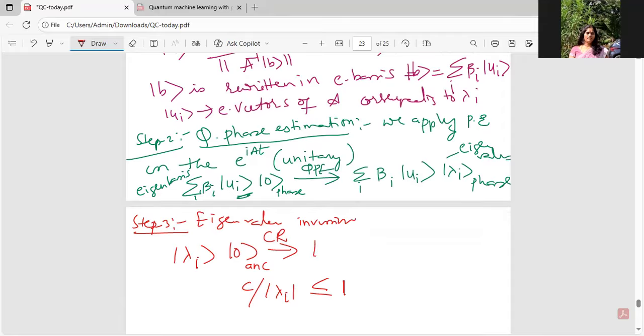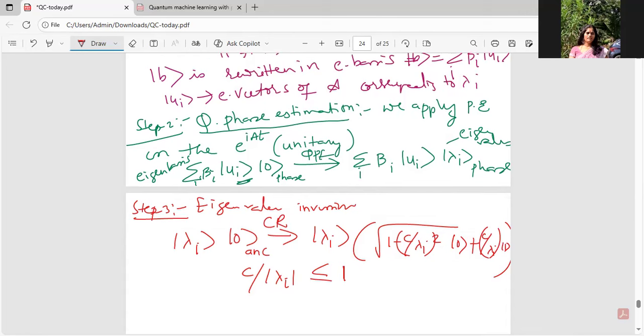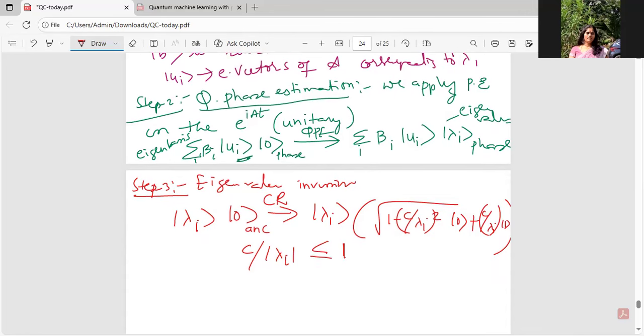What happens is, lambda I becomes 1 minus C by lambda I whole squared associated with ket 0, guys, plus, this is a superposition state, C by lambda I ket 1. Now if you see, mod alpha squared plus mod beta squared should be 1, right?